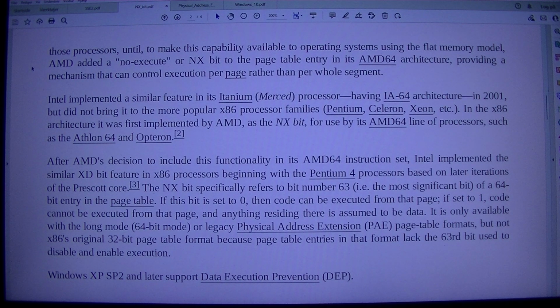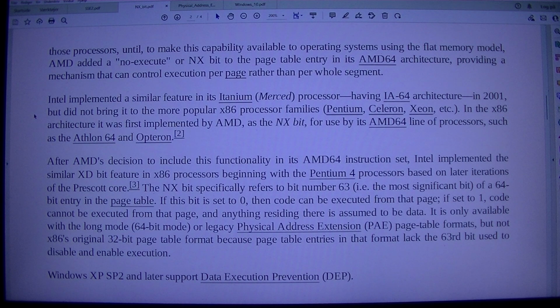Intel implemented a similar feature in its Itanium processor having IA-64 architecture in 2001, but did not bring it to the more popular x86 processor families, Pentium, Celeron, Xeon, etc. In the x86 architecture it was first implemented by AMD, as the NX bit, for use by its AMD64 line of processors, such as the Athlon 64 and Opteron.